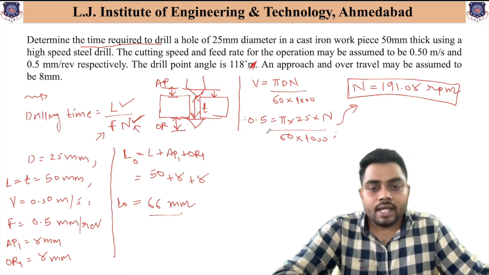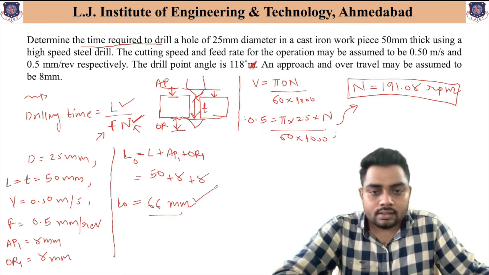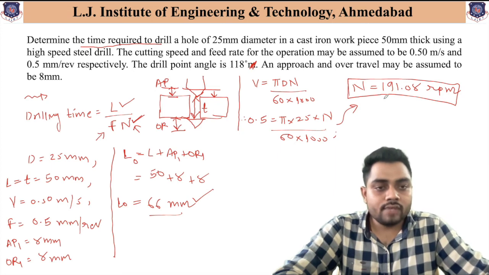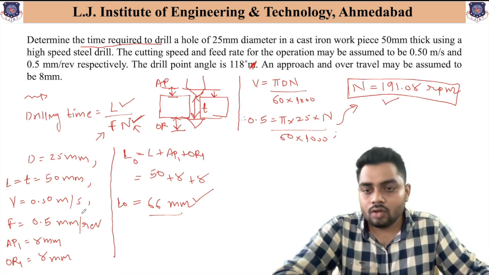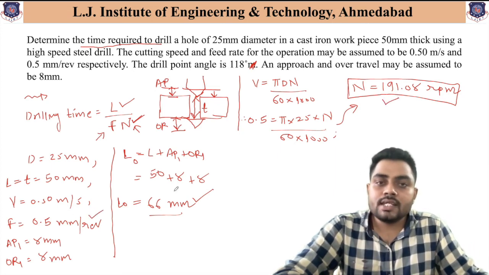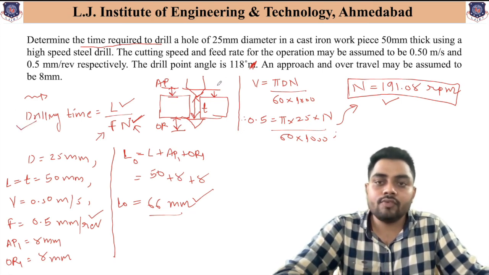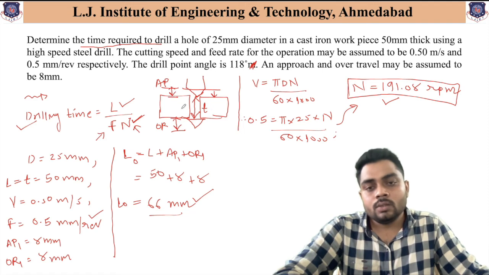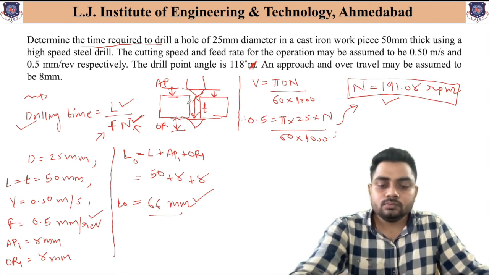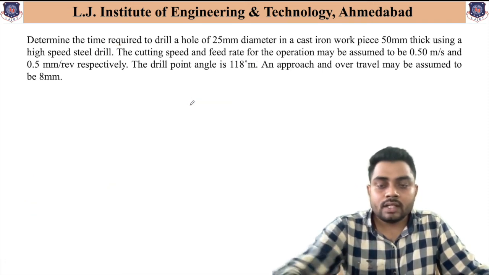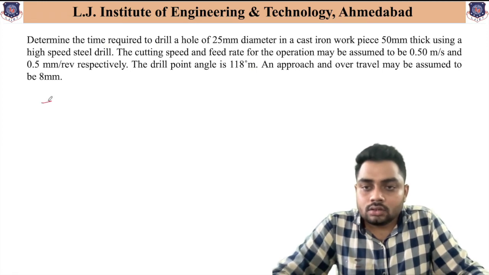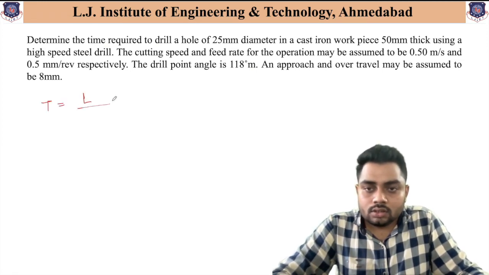So now we have the value of L that we have got over here. We have the value of N also, and we have the value of feed also. So just by using these values in the equation of drilling time calculation, we will find the time required to drill a hole. So now time required to drill a hole, that is L divided by Fn.